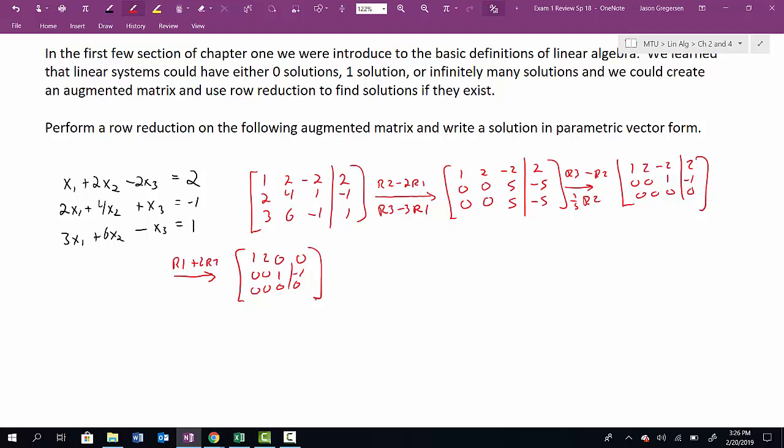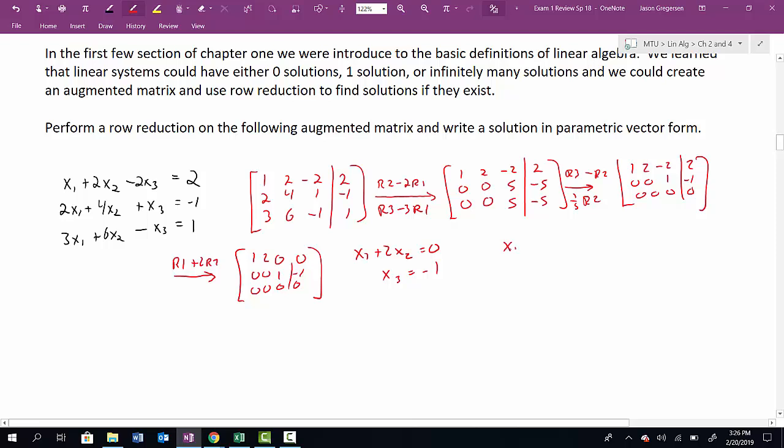I finish up my row reduction over here to get our REF, and now I have to write out my solutions in parametric vector form. So I take the first row, and that basically tells me that x1 plus 2x2 is equal to 0. I look at the second row, it tells me that x3 is equal to -1. That's all I got. There is no x2. What does that tell me? x2 is a free variable, right?